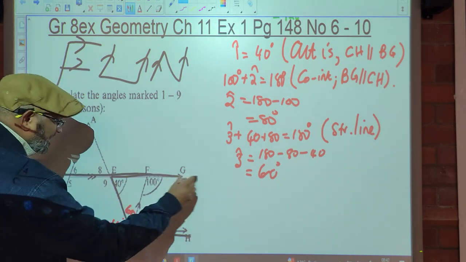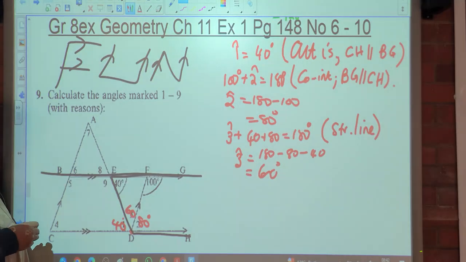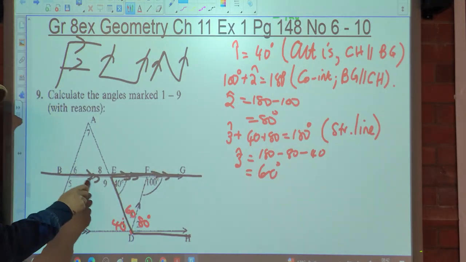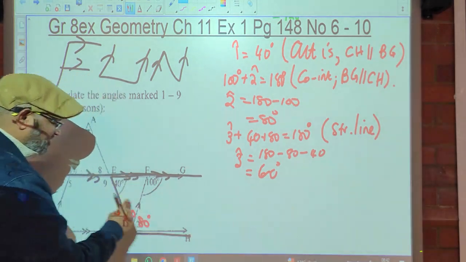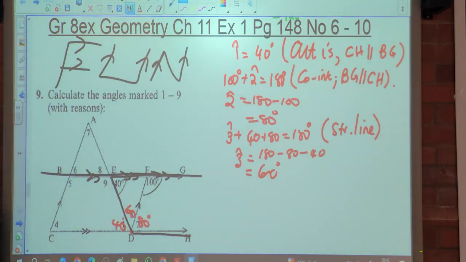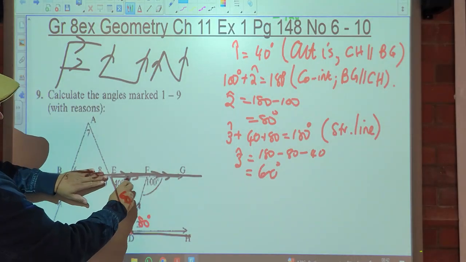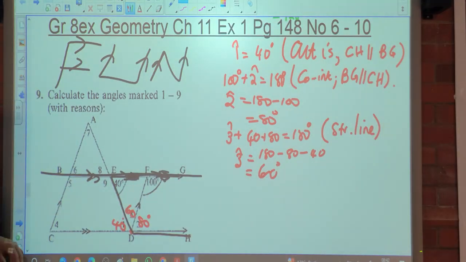This whole line is parallel. That marking doesn't have to be there. If it's on this line, anywhere on that line will be parallel to this whole line. So if you're going to go co-interior here, although there's no marking here, it's still parallel. Okay. Anything else?